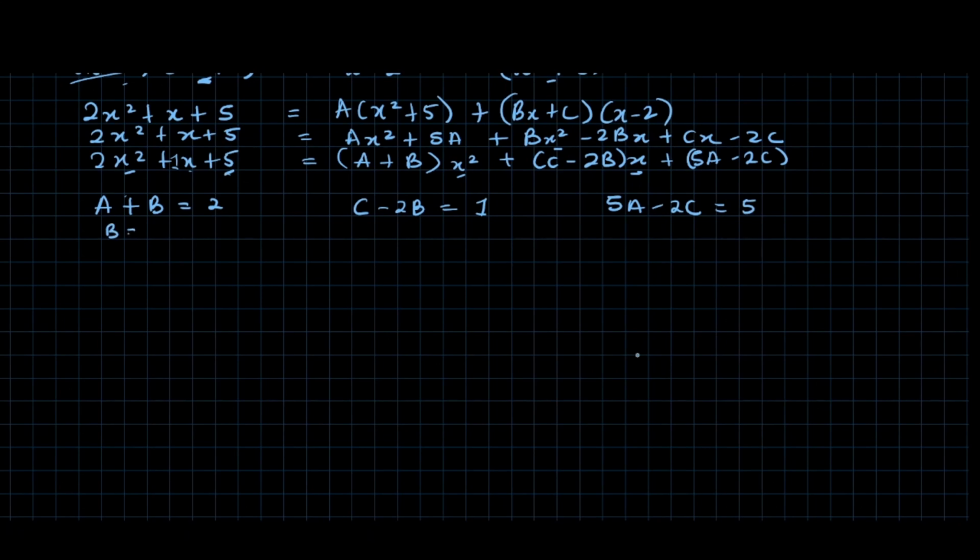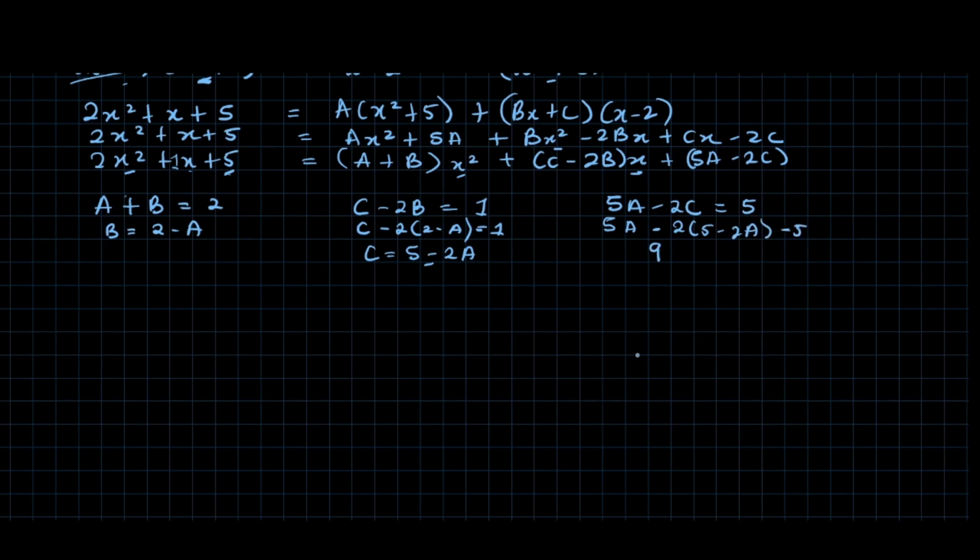Here we can say B equals 2 minus A. Now we'll substitute it into the second equation: C minus 2 times (2 minus A) equals 1, which means C equals 5 minus 2A. Now we'll substitute this into the third equation: 5A minus 2 times (5 minus 2A) equals 5.